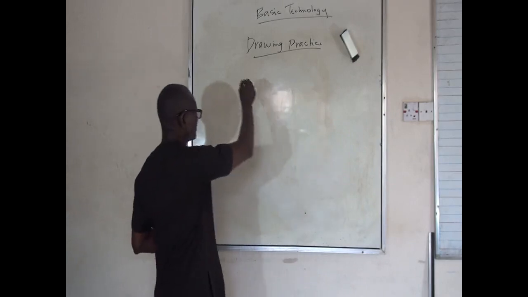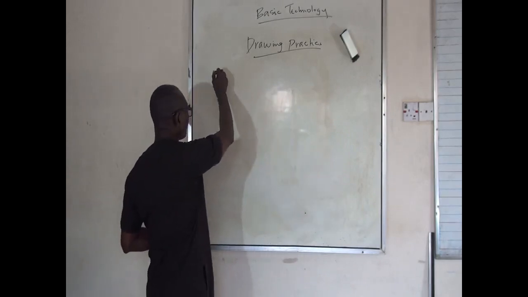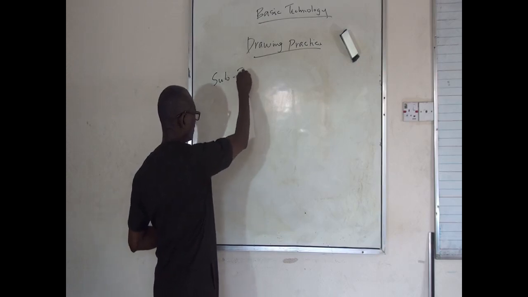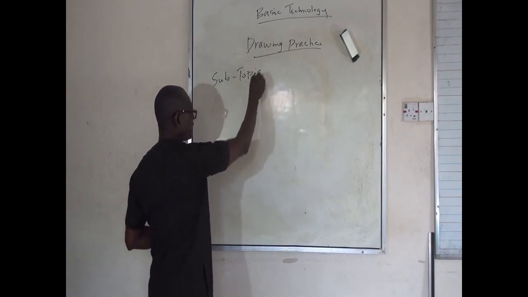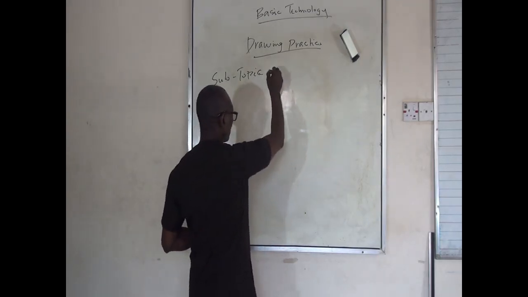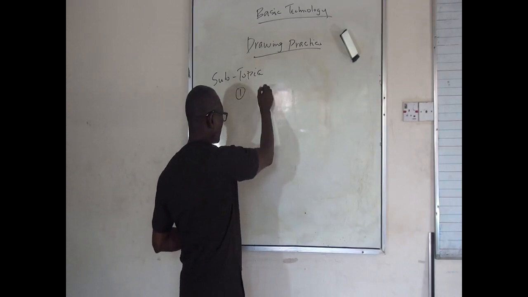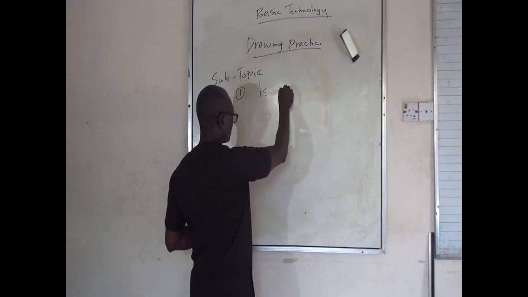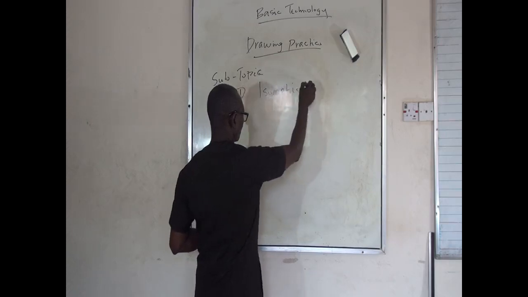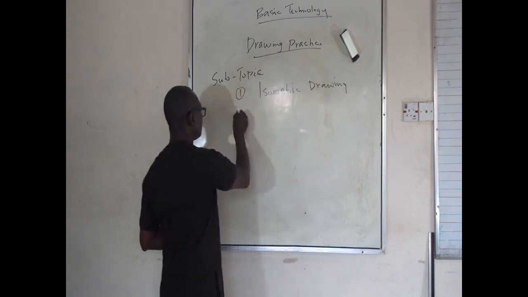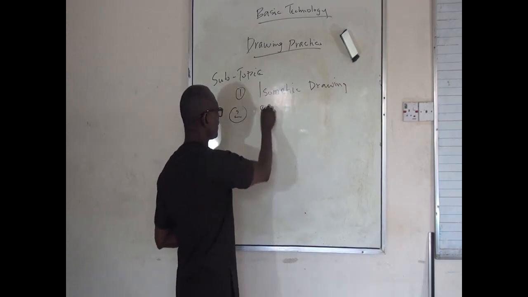Drawing practice as a topic is subdivided into 4 topics. 1, we have the isometric drawing. Number 2, we have the oblique drawing.